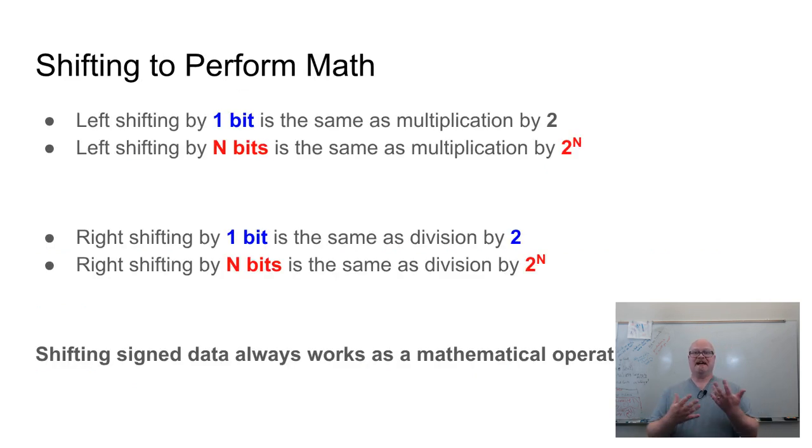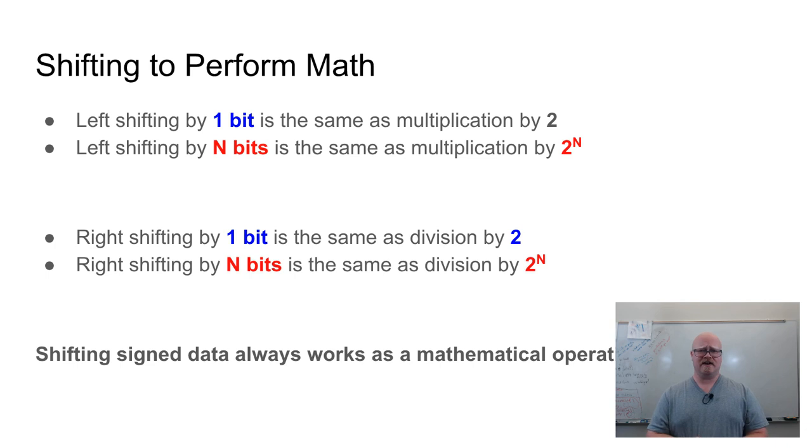Now, there are other times when we want to use shifts on signed variables, and that's actually to perform math. And it's the reason that we sign extend rather than just filling those vacuums with zeros. Right? So if you take and left shift any bit pattern by 1, and it's a signed bit pattern, that's going to be the same as multiplying it by 2.